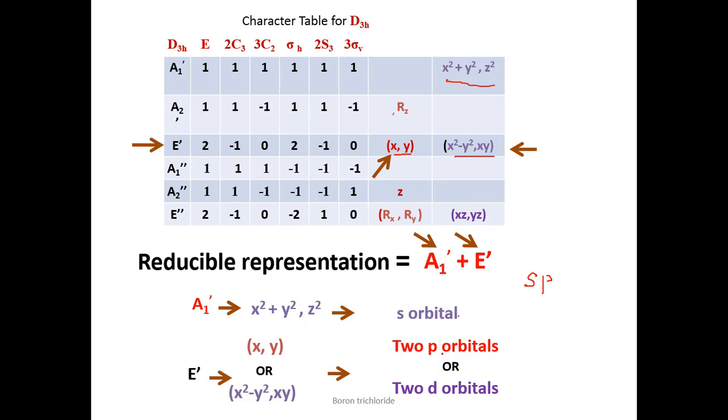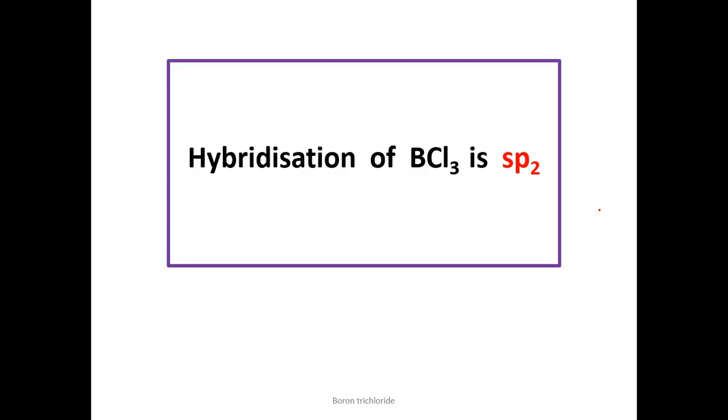One is s and 2p, sp2, or s and 2d, sd2. But the second one is energetically unfavorable. That means the energies of s and d orbitals are very different. There is a large energy difference between s and d orbitals. That means hybridization of s and d orbitals cannot be carried out. So the hybridization is sp2, and so the hybridization of BCl3 is sp2.